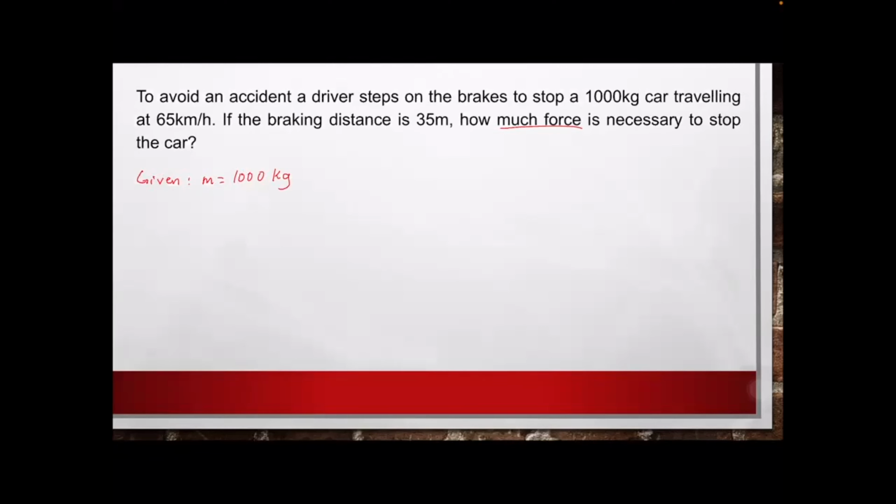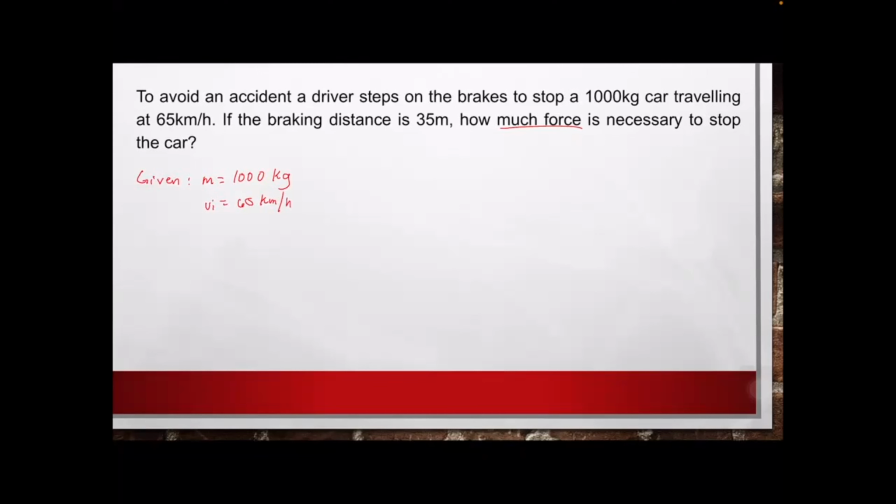To avoid an accident, a driver stepped on the brake to stop a 1,000 kilogram car traveling at 65 km per hour. This is initial or final? Yes, this is initial velocity. 65 km per hour. But we need to convert this.